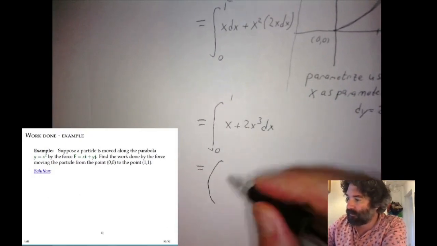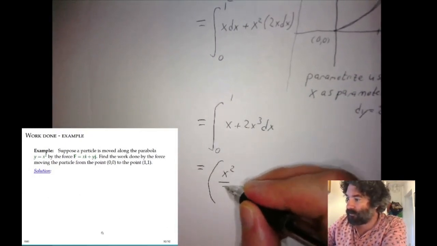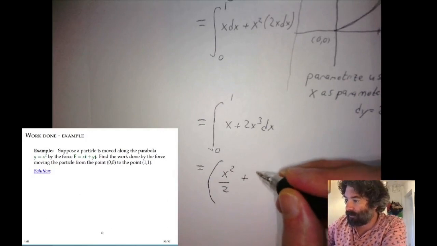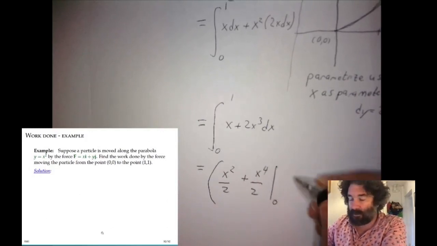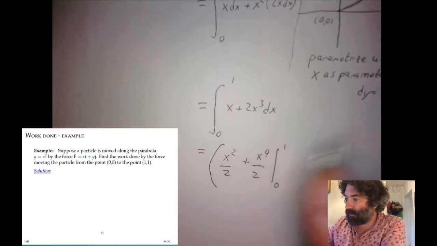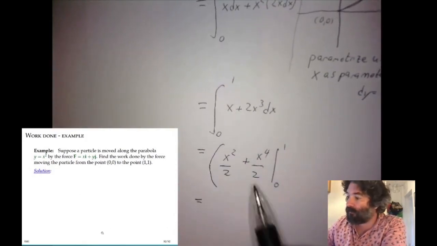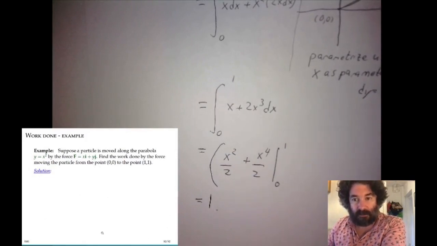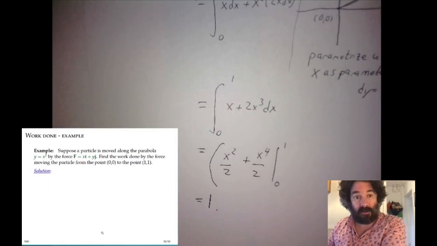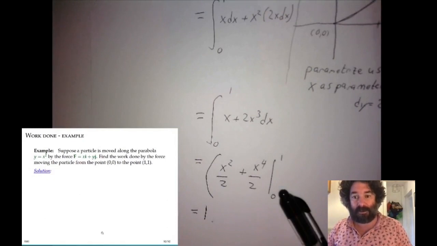And so the indefinite integral is x squared over 2 plus x to the 4th over 2, evaluated between 0 and 1. And so this is 1/2 plus 1/2, or 1, when we add these together, plug in the limits. All right, so this is the total work done moving this particle with this force field.